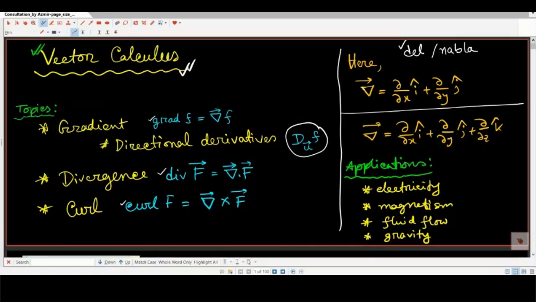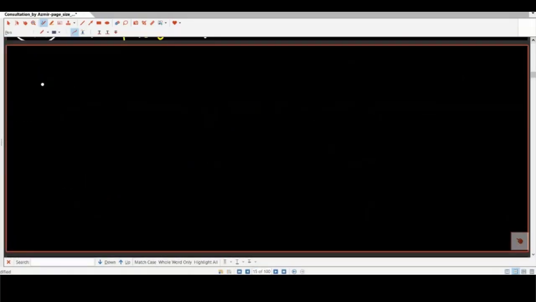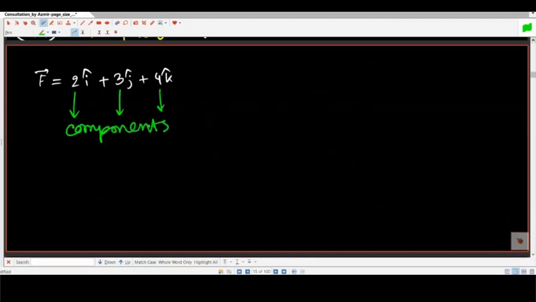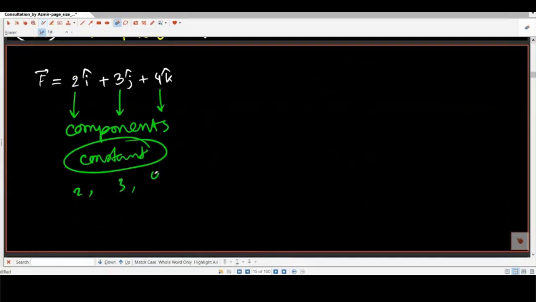So let's start. Till now we have seen that any vector 2i plus 3j plus 4k has three components. All these components are constant. That means 2 is a constant, 3 is a constant, 4 is also a constant.